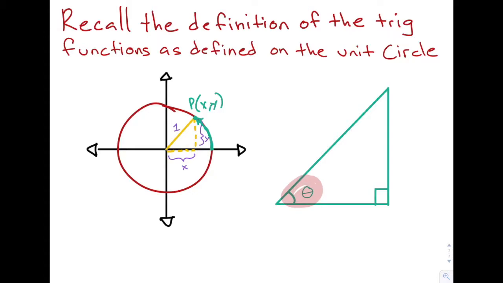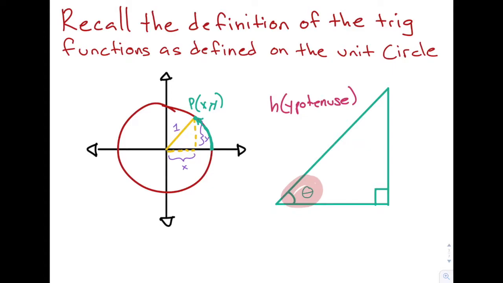For this acute angle theta, we have to give words to the different sides so we can talk about what side is in ratio with what side. Of course with the right triangle we have a hypotenuse, and we'll typically abbreviate that as H. That's the side opposite of the right angle.